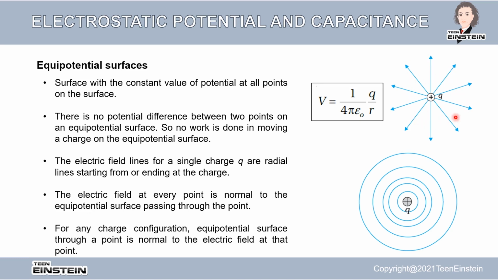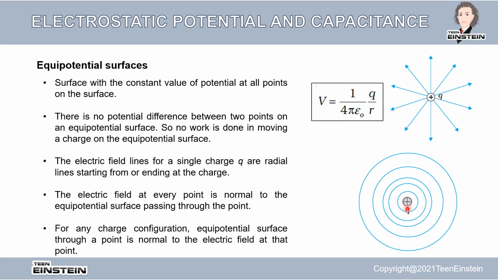If this is 2 dimensions and I draw a circle around this with radius r, that circle is going to have the same potential everywhere. And if you imagine the circle in 3 dimensions, a spherical shell around this charge q, everywhere on the surface of the spherical shell, the potential value is going to be the same. So this particular shell can be an equipotential surface.